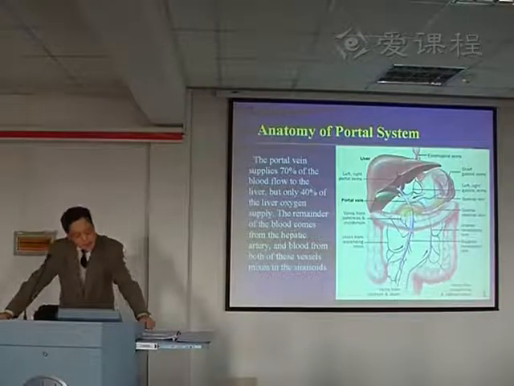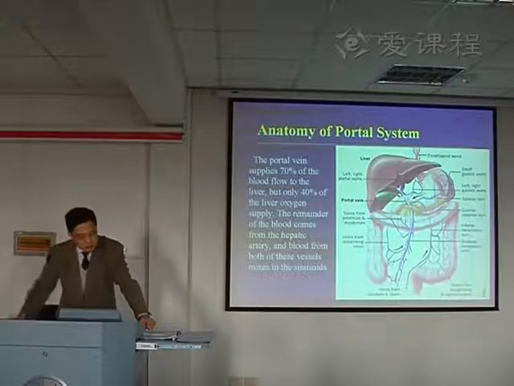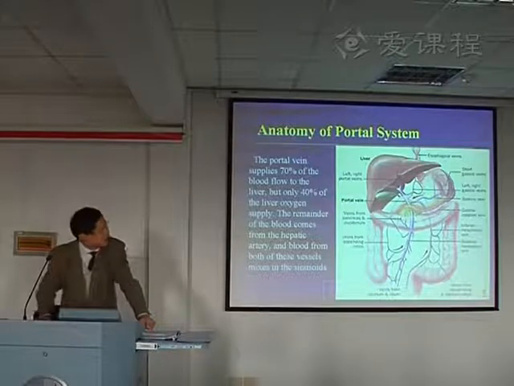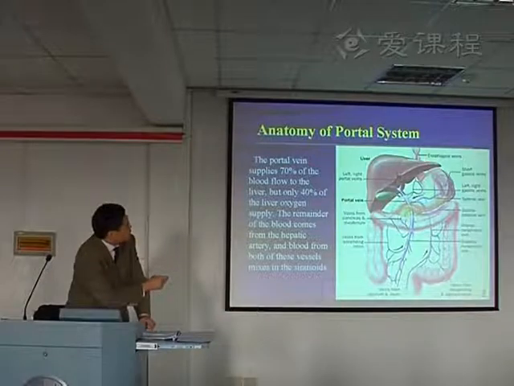Anatomy of the portal system. This picture shows the portal system. We will see the liver, esophageal veins, short gastric vein.